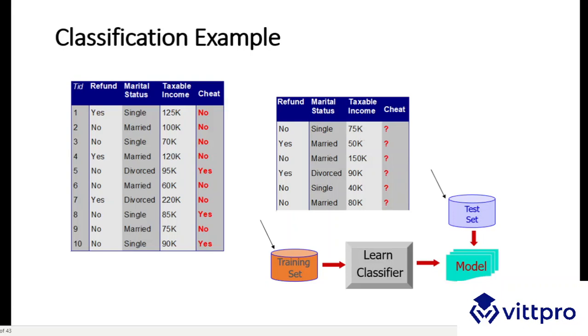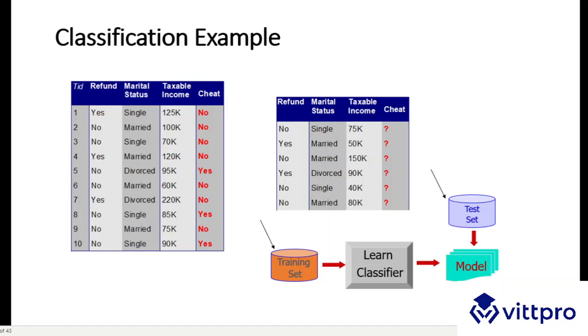For example, if it's a single person with 75,000 income, what do you think? Will he cheat or not? Based on what we have seen, the cheaters are either single or divorced, earning between 85,000 and 90,000, and all of them have no refund. In this case, no refund and single marital status match, but the income level is lower, so maybe it's not a cheat. That's the way you test.